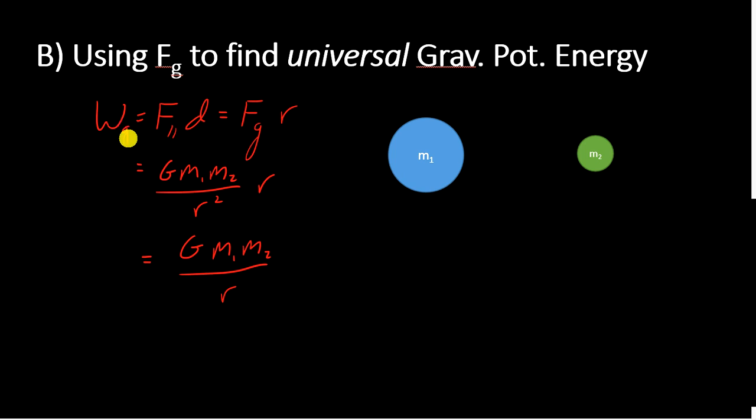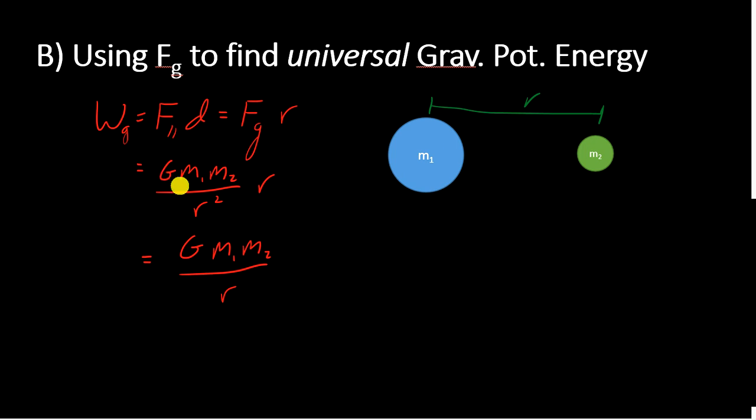Okay? We figured out gravitational potential energy by looking at the work that's being done. Well, the work that's being done is based on the parallel force times the displacement. Again, if I have, I don't know, maybe this is a satellite that's orbiting a planet, okay? If I'm looking at the work, that's the gravitational force times r, where r, again, is the distance between the centers.